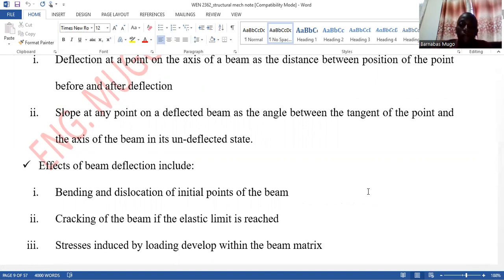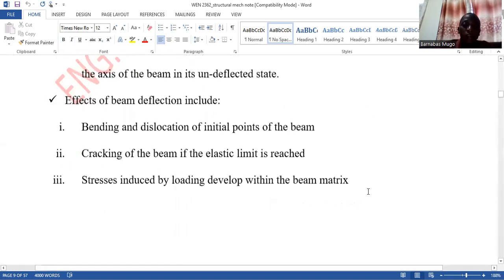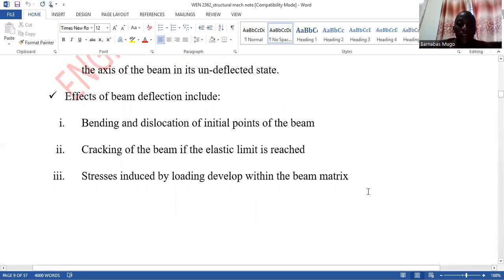What are some of the effects of the deflection? One of them is the bending and dislocation of the initial point of the beam. When the beam deflects because of the loading, we expect that the initial point is going to be different from the final points.